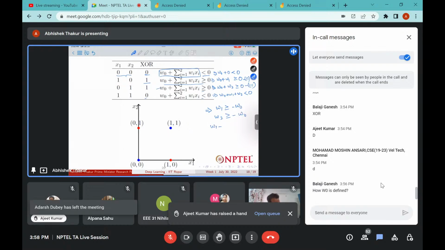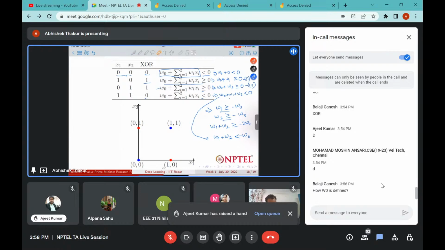So if you add both, W1 plus W2 will be greater than or equal to minus 2 W naught. But in the fourth equation, it says W1 plus W2 is less than minus W naught. But here you see that W1 is also greater than minus W naught, and W2 is also greater than minus W naught. How can the summation of W1, W2 be less than minus W naught?